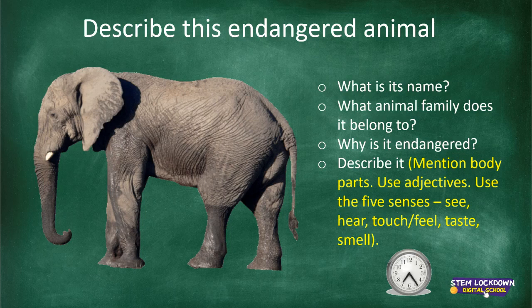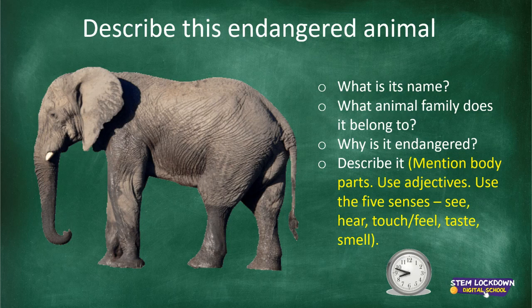Okay. Maybe you could just read your description, even though it feels like you're reading to yourself. Read it out now. Remember to mention its name, what animal family it belongs to, and why it's endangered.